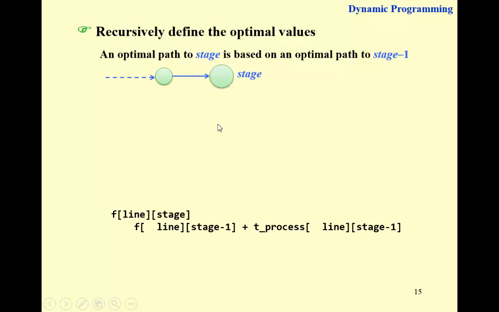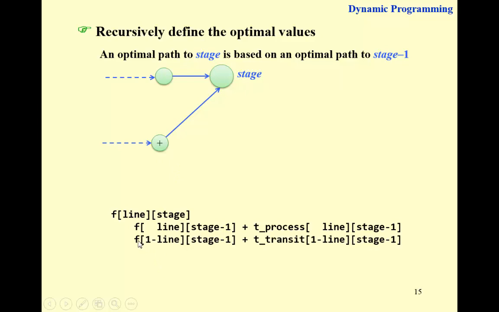There's another possibility, right? So another possible way is to jump from the other line, which is what? Which is the optimal solution of stage -1 from the other line. So when this line is 0, we're going to obtain 1. If this line is 1, we're going to obtain 0.